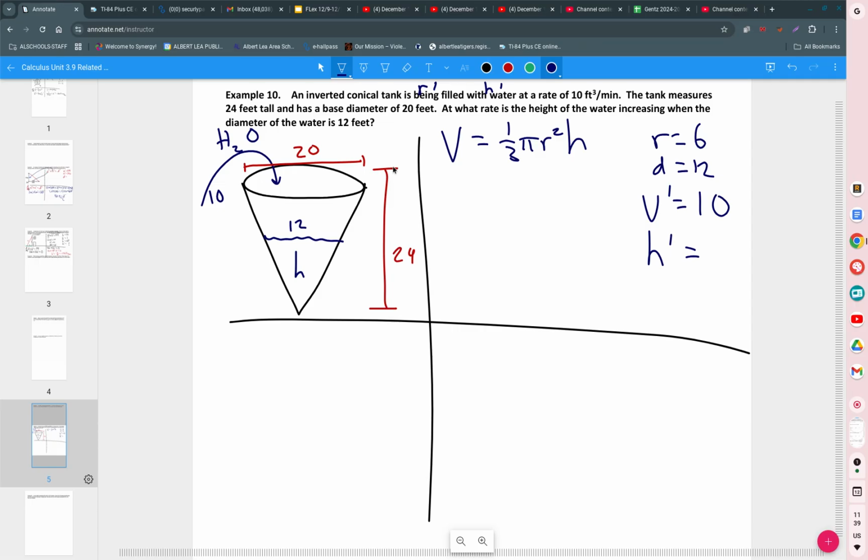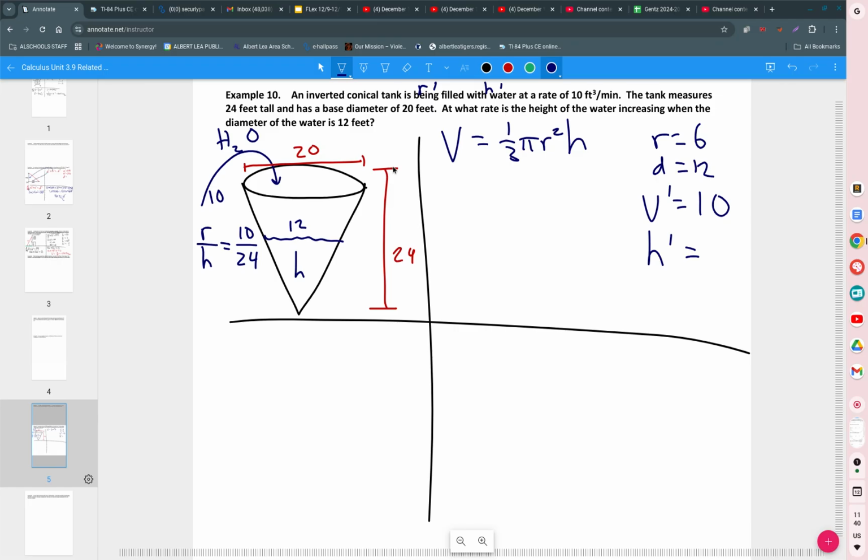What we know is that the water fills the cone, always within the same shape, unchanging, meaning that the radius and the height are always in proportion to one another. Remember we did that the other day? Yeah. What is the radius of the cone? 10. And what's the height? 24.